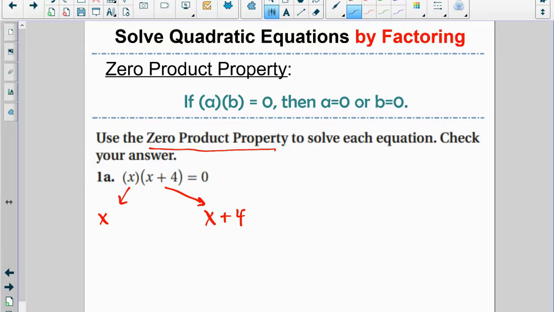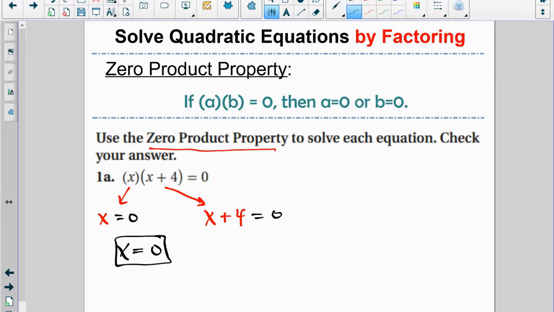So all we do is we take each factor, whether it's binomial or monomial, write it separately and make it equal to 0. Now we should solve each of these equations if necessary. Now my first equation, just x equals 0, x is already by itself. Okay, so 0 is one of my possible answers here.